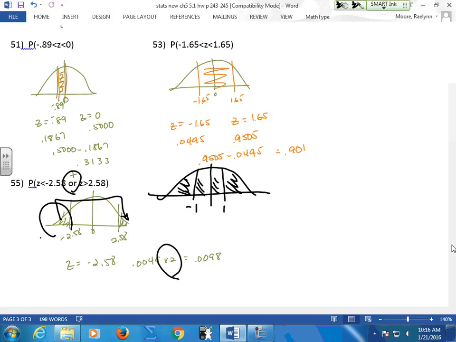So if I find this area, that should be the same as this, because my curve is symmetric, because these two numbers are the exact same. They're the same distance away from 0. So in this case, all I have to do is find this one. If I look this one up, I have to take its area and subtract it from 1, which will give me this. So I'm going to get that regardless, and you can absolutely do that. If you see the symmetry, it makes life a little bit easier.